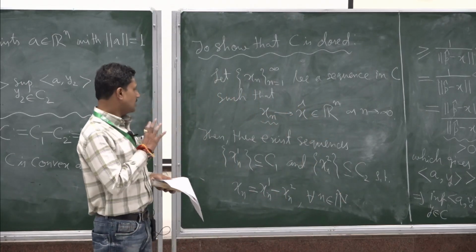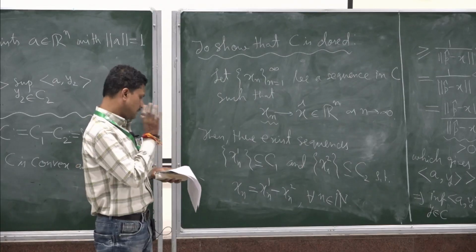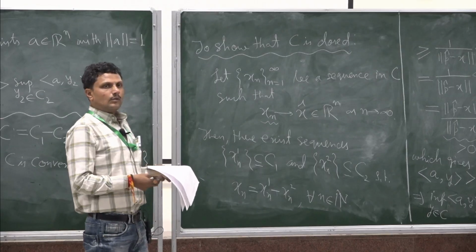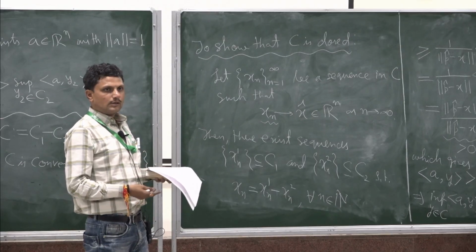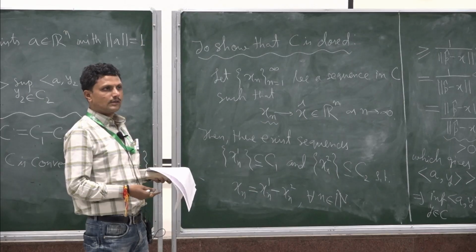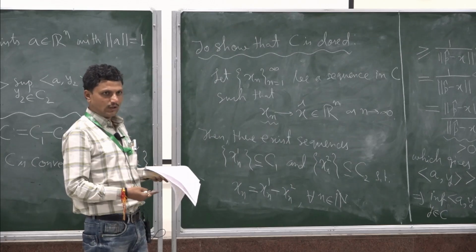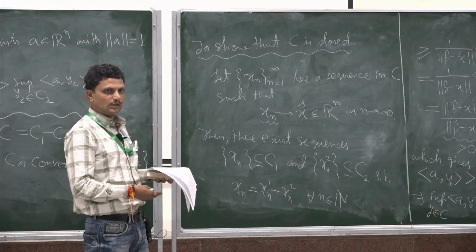So there is a sequence in C1 and there is a sequence in C2. And what is the structure of C1? There is an extra assumption on C1. Why? Now we will see.